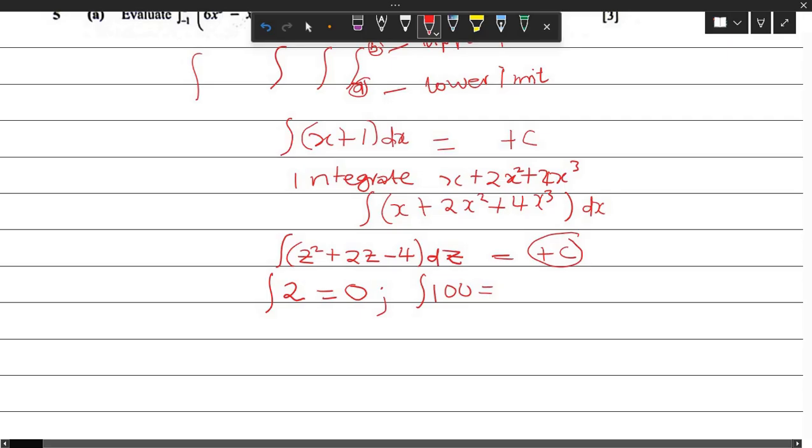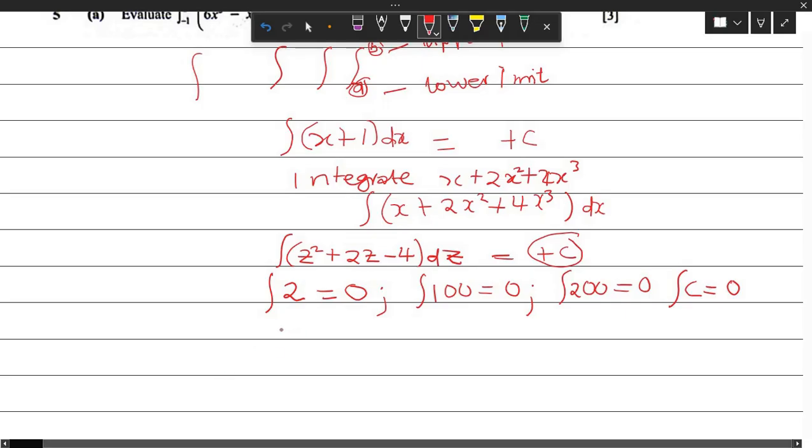Still the answer is what? 0, because it doesn't have any variable here. So any constant number, when you integrate it, the answer is what? Always 0. So as a general rule, integral of a constant c, it can be any number, whether positive or negative. The answer is what? 0.